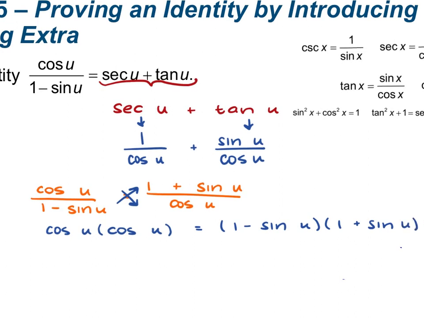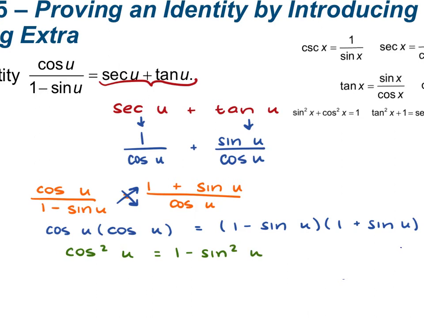Cosine u times cosine u, that's giving us cosine squared u. 1 minus sine u times 1 plus sine u, difference of squares, that's 1 minus sine squared u.